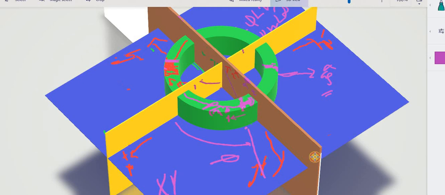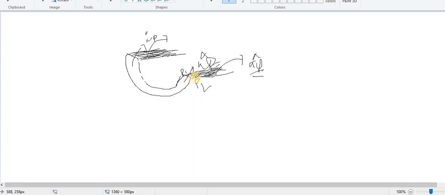So this one is the surface, and clearly it is showing here.